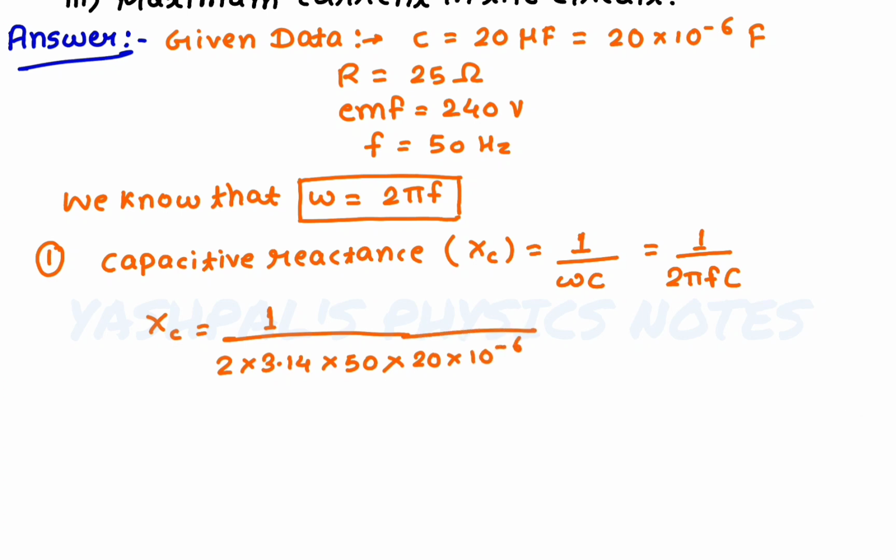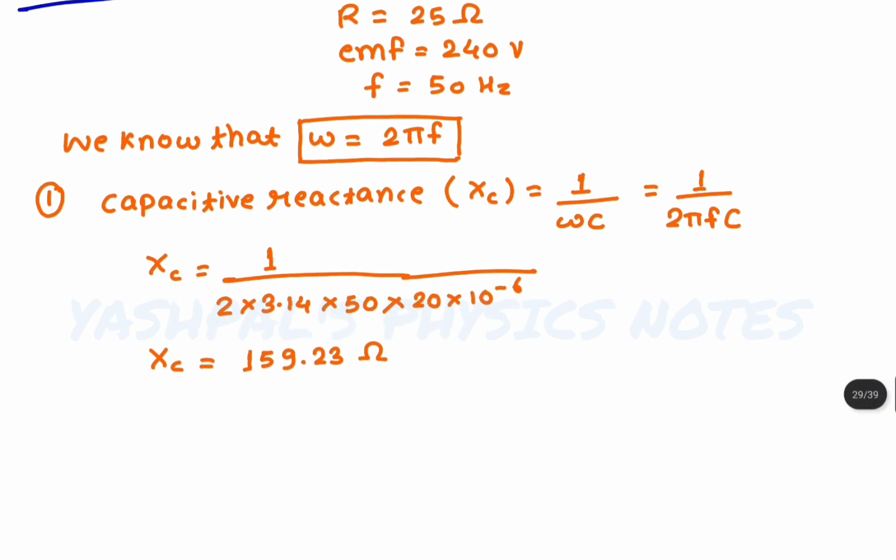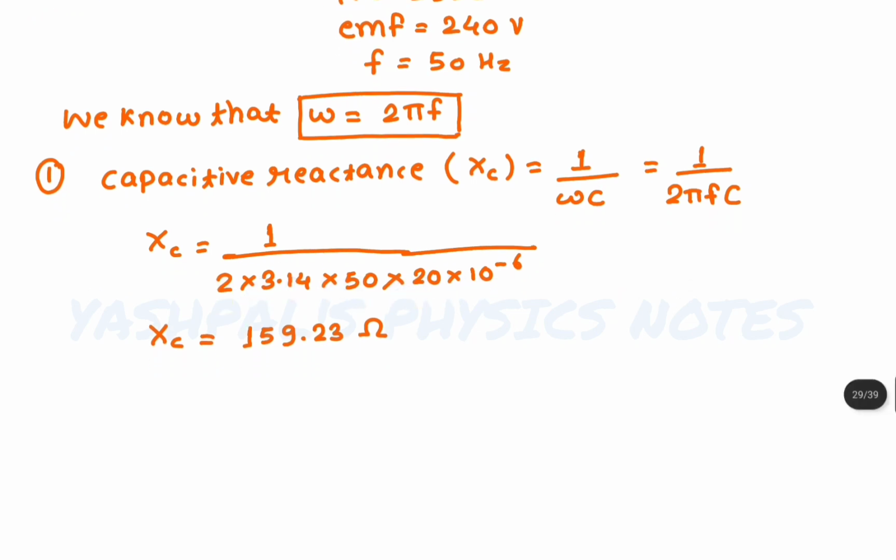Okay, so now next step is just calculation. So after calculation we find the value of capacitive reactance as 159.23 ohm. Since we are finding out the reactance, its unit should be ohm.